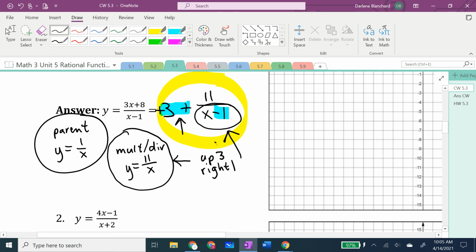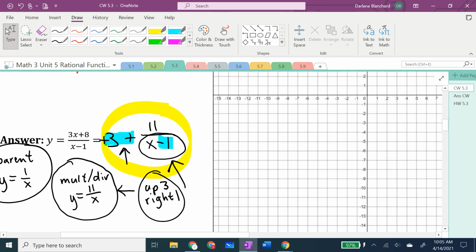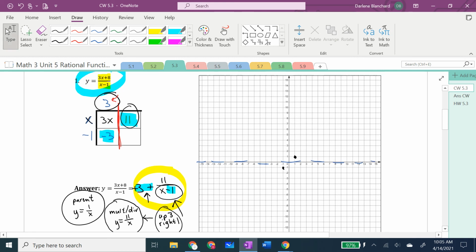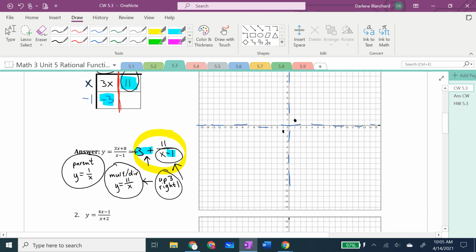So this is giving us a step-by-step guide of how we're going to go through graphing it. So I'm going to start with the parent graph. And you are expected to remember that the parent graph goes through (1, 1) and (-1, -1). It has asymptotes. The x-axis and the y-axis themselves are asymptotes, and if you draw dashed lines, that helps you to guide the graphing.